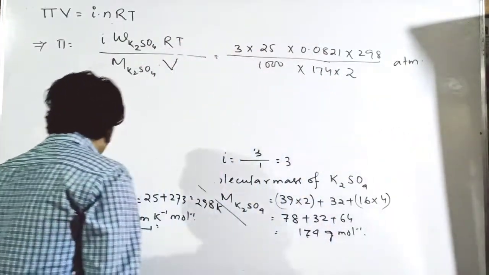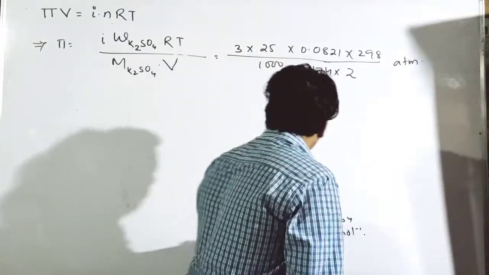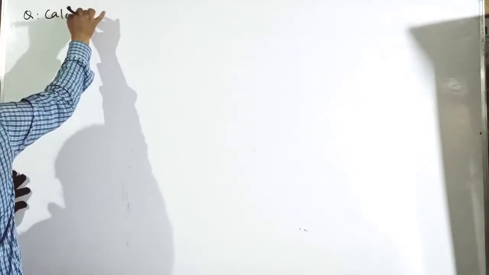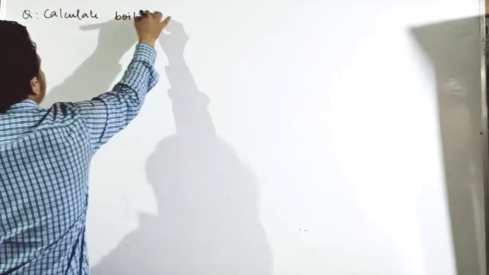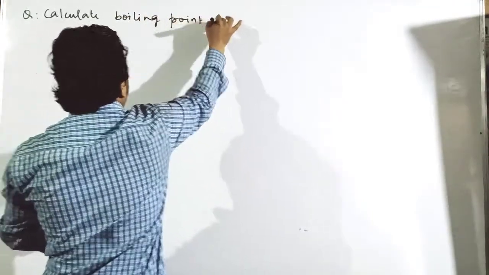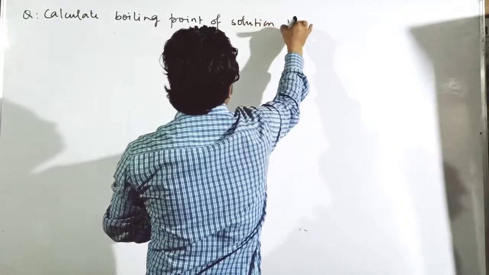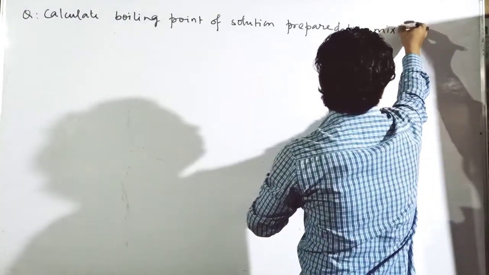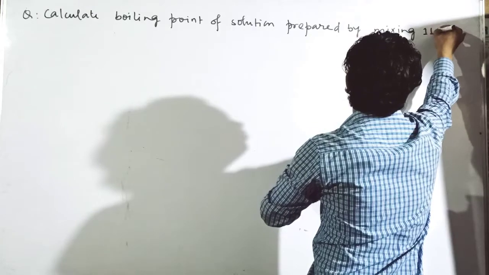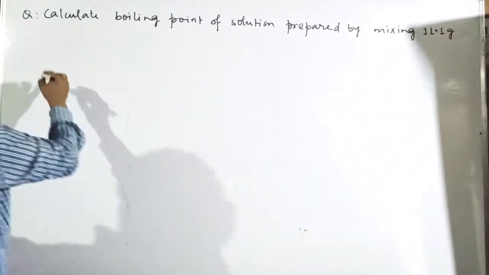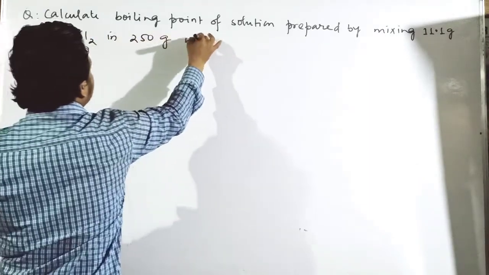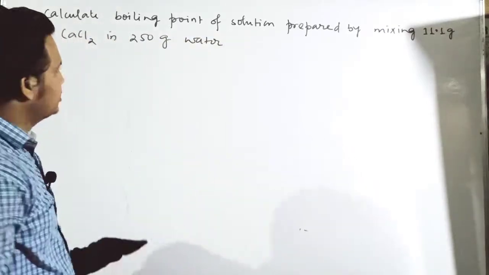So the numerical is: calculate the boiling point of the solution prepared by mixing 11.1 gram of calcium chloride in 250 gram of water.